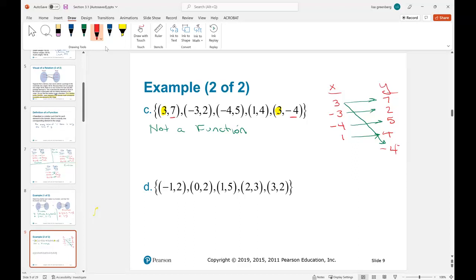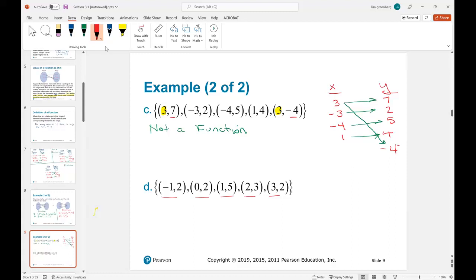So now if we just look at the numbers and don't make a table or a little chart like that, well, let's see what we have for X's. I have -1, 0, 1, 2, 3. Well, I only have one of each X. It doesn't matter if they go to the same Y, right? But each X has to know where it's going, and it can't go to two different Y's.